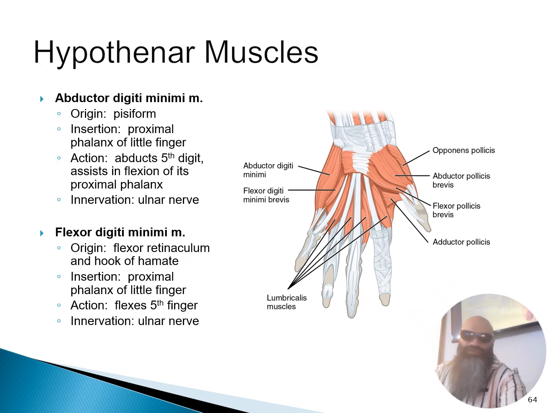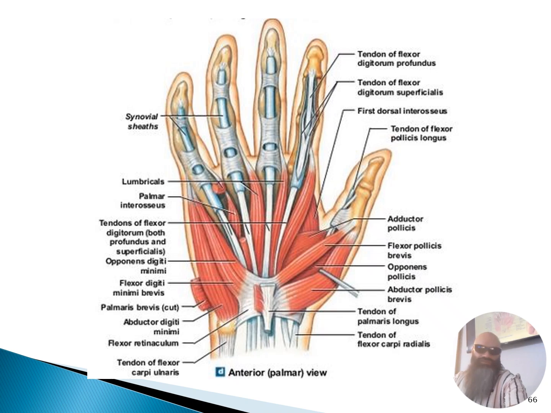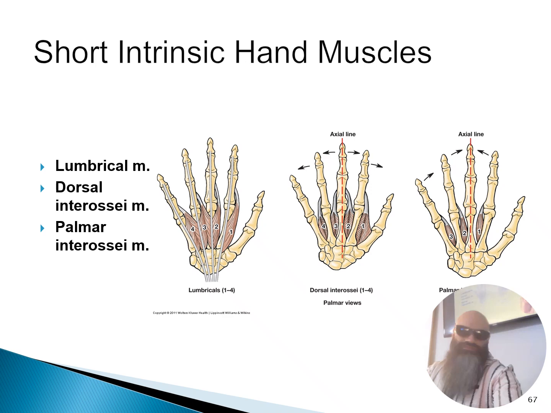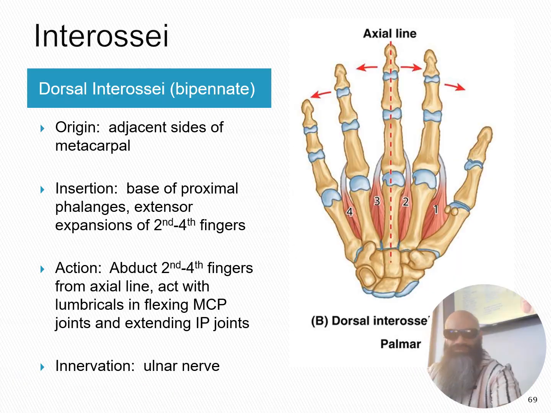Hypothenar, just know them. Don't learn the muscles, just know the region on your hand, okay? Same thing here. This is what the hand looks like. Same thing here. These are in between the metacarpals.